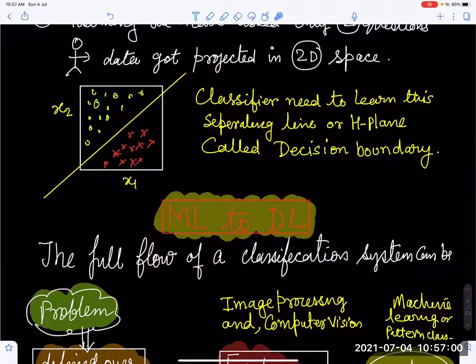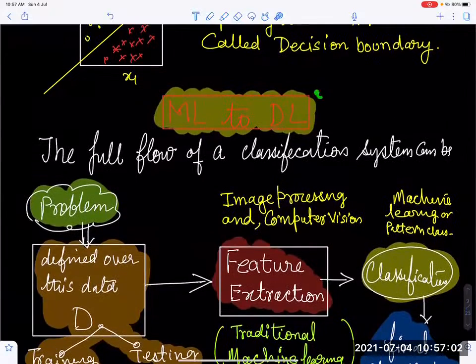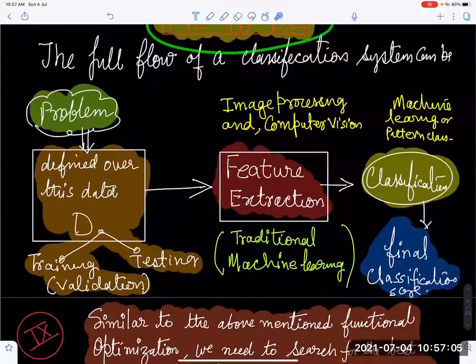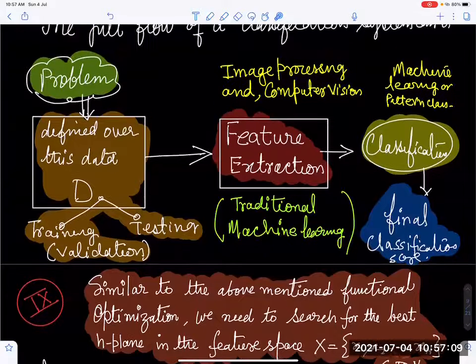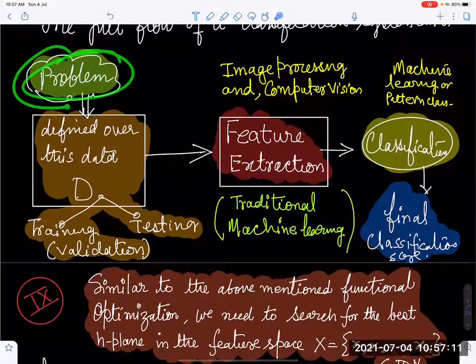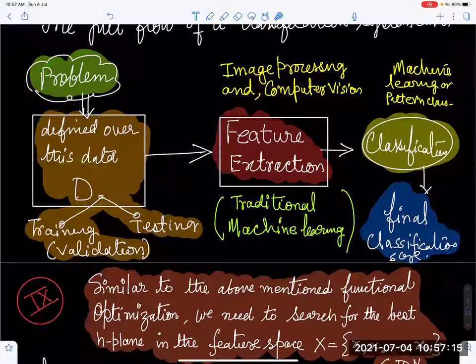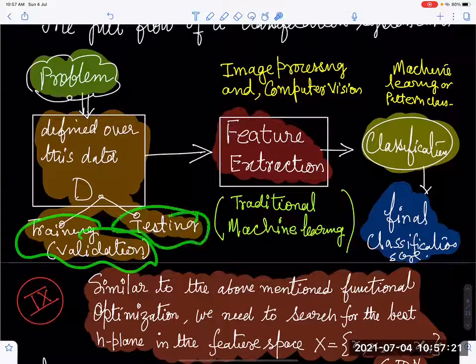Okay. Now here it comes that ML to DL, somebody was asking previously. So any problem is going to be defined over some data D. Some data I have, and your problem is actually defined over D. And we divide that data into training data as well as testing data.